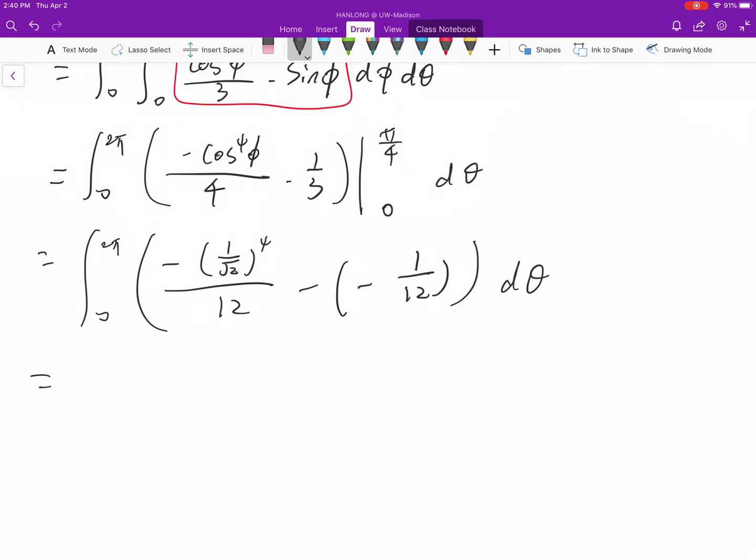Then you have (1 minus 1/4) divided by 12 times 2 pi. So totally you will have 3/4 times 1/12 times 2 pi. You have 4 and then you have 2, so finally you have pi over 8.